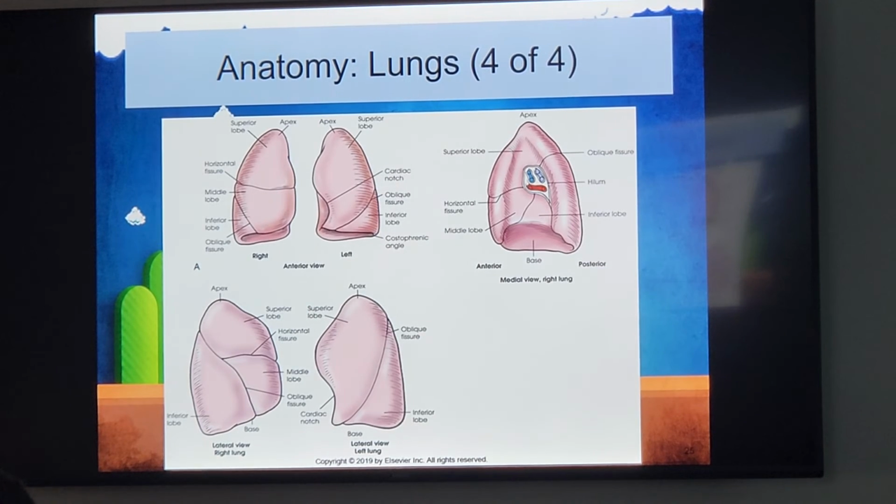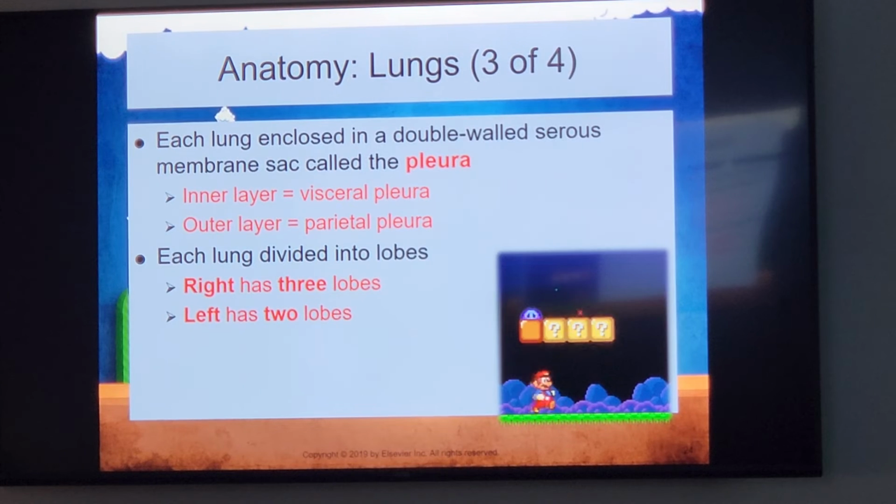And why does it have 3 lobes on the right side? Why does the right lung have 3 lobes? It has more organs on that side. It has three something.